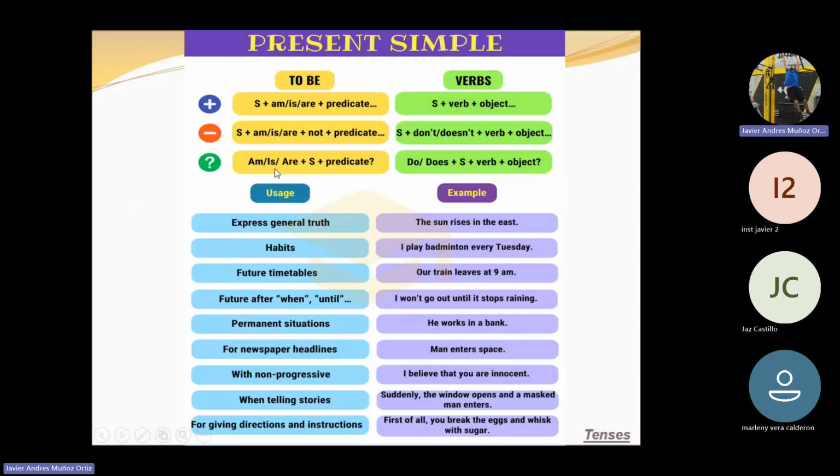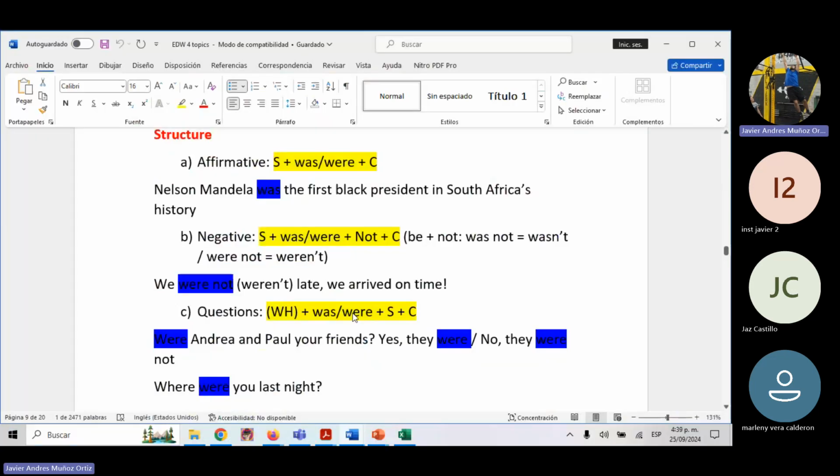With questions, is your sister, I don't know, blonde? ¿Es su hermana rubia? Or with question, where, oh no, sorry, was your sister, I don't know, feeling good? Because the color of the hair is a little complex to mention in past.